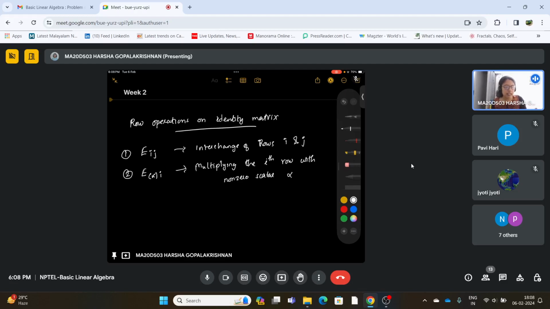Non-zero scalar means just a constant multiplication. And the third one is E i plus alpha j. What does this mean? We multiply the jth row with the scalar alpha and then add it to the ith row. Replace the ith row with the ith row plus alpha multiple of the jth row.